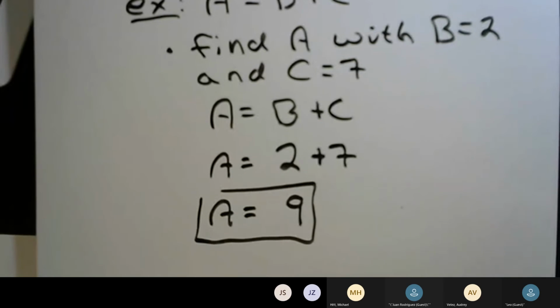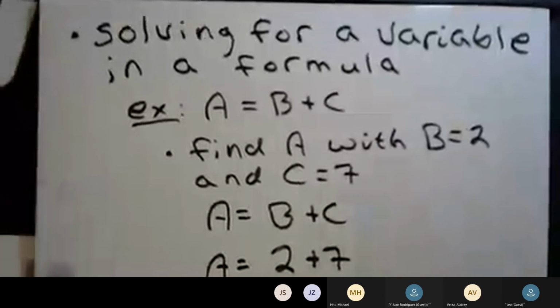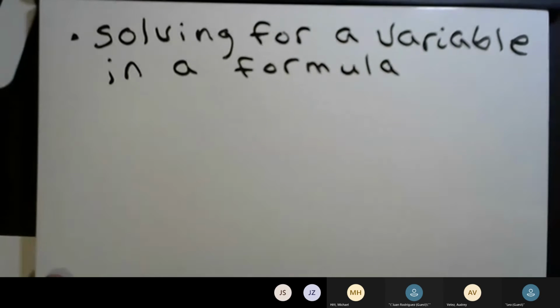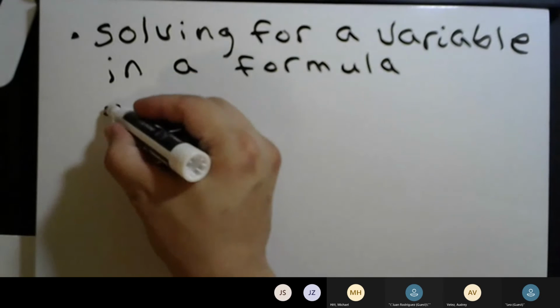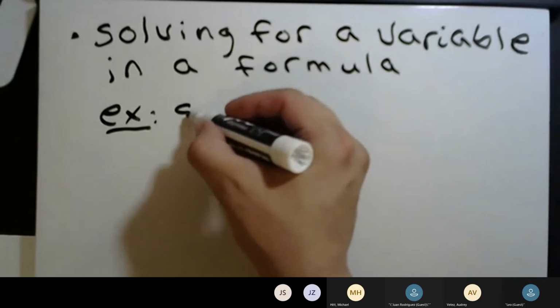Now, what we're going to do is a little different. In this case, when we're going to solve for a variable in the formula, we're not going to be assigning values to the other variables. What we're going to be doing is isolating one of the variables.